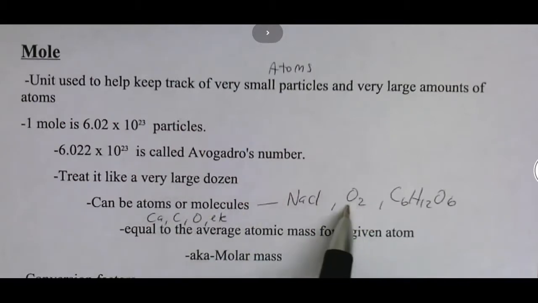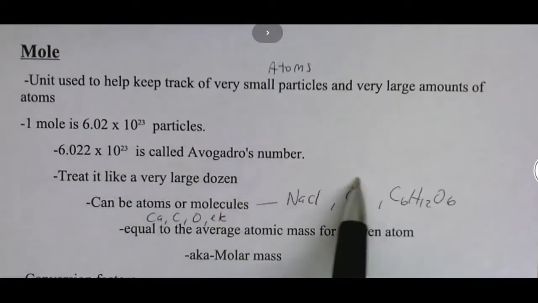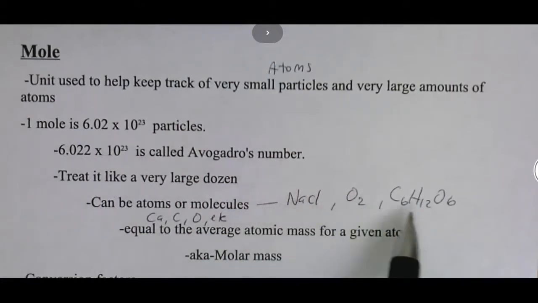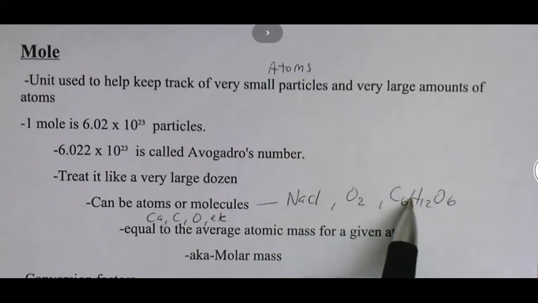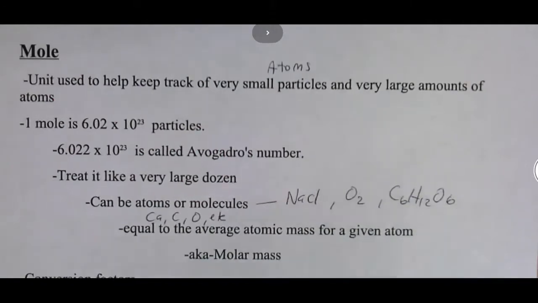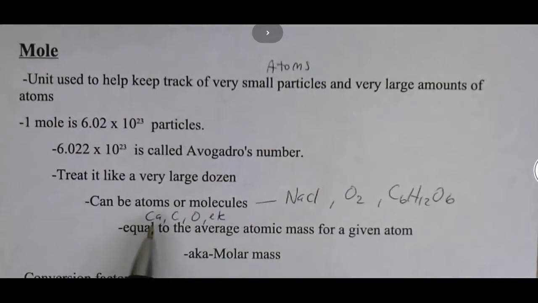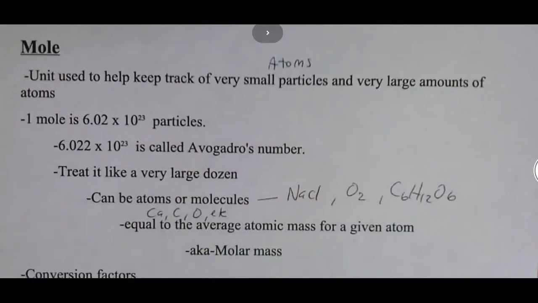And here, O2, we would have 6.02 times 10 to the 23rd molecules of O2. And if we had glucose, we would have 1 mole of them, which is 6.02 times 10 to the 23rd molecules of glucose. So it can be used for a single element or an atom, but it can also be used for a molecule as well. So keep that in mind.